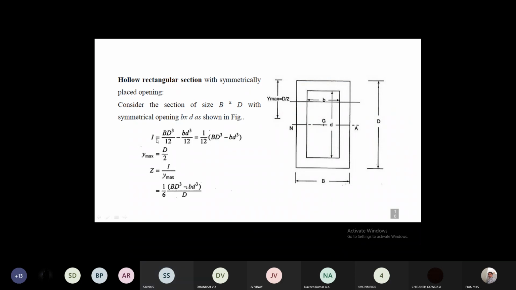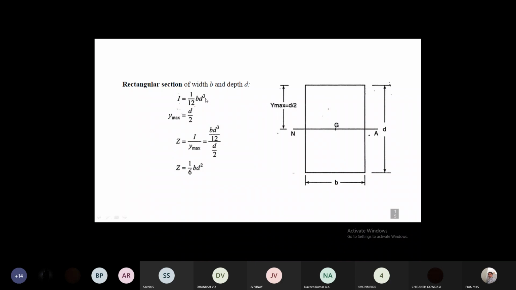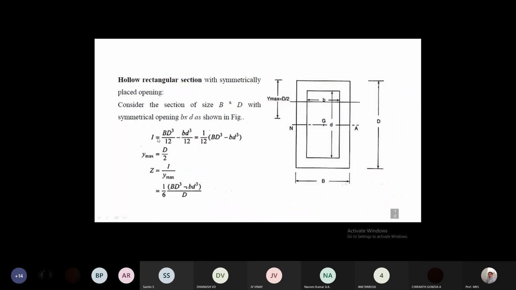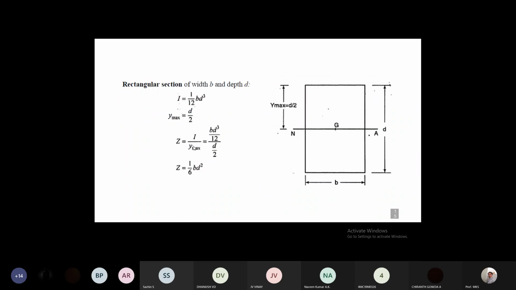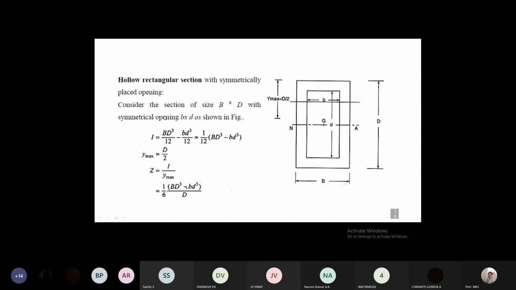The moment of inertia was 1 by 12 b d cube for a solid rectangle. Here, for the hollow, it is the bigger outer size, B D cube by 12, minus the smaller inner one, b d cube by 12. If you remember this, you can write the equation for the moment of inertia of a hollow rectangular cross section.